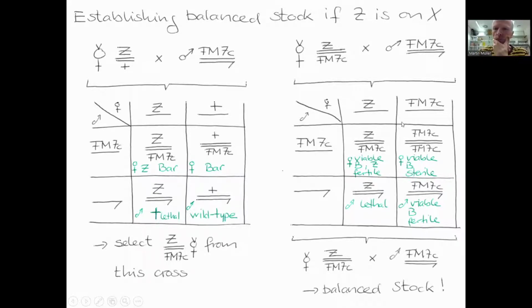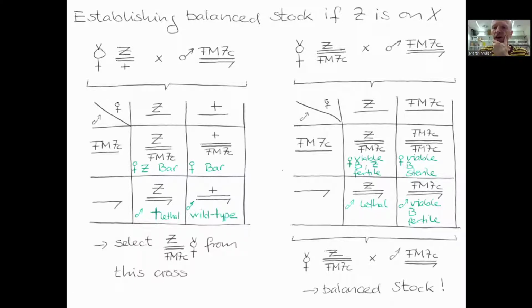And if you look here at the Punnett square, what comes out of it is exactly what we put in: the FM7 males and the Z over FM7 females. So we have established a balanced stock.